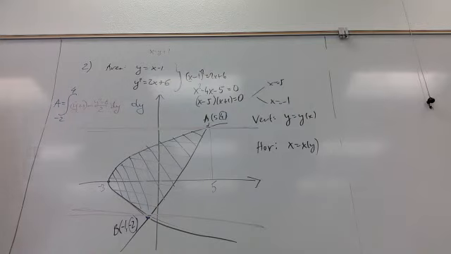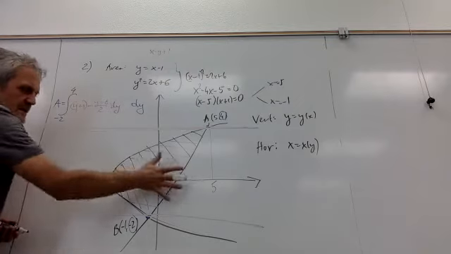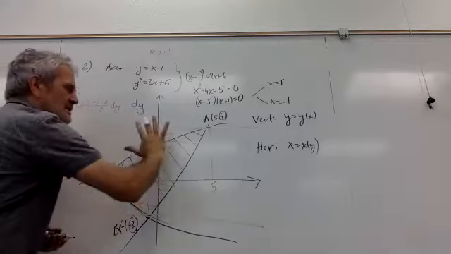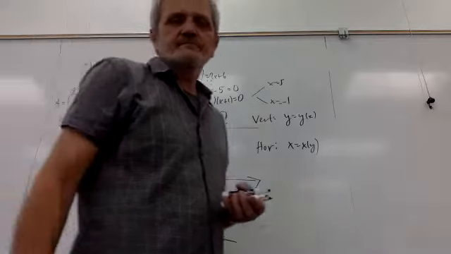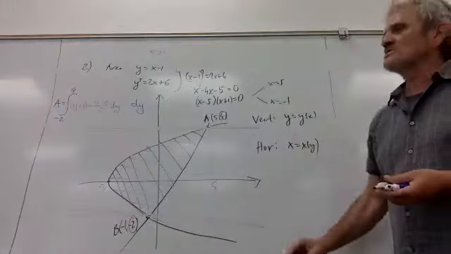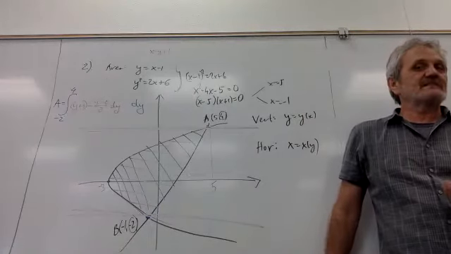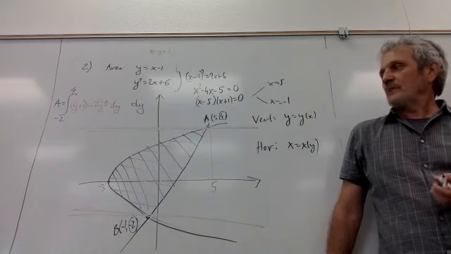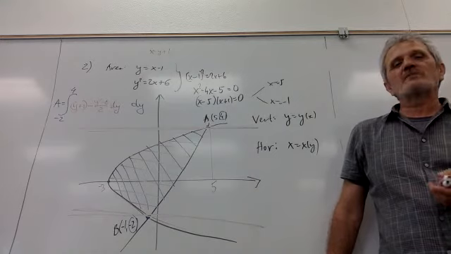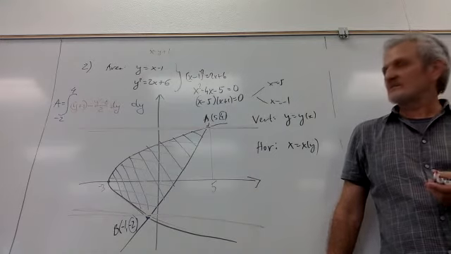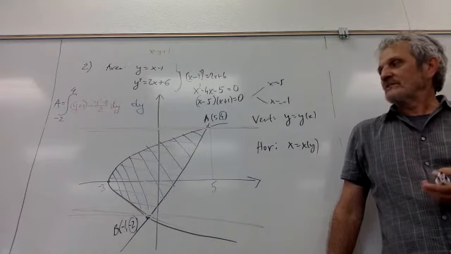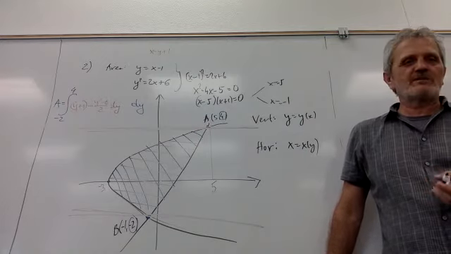So the reason why we switched to x as a function of y is because the setup is much nicer this way than this way. This is one of the most typical examples about that difference in setup. It's also a good thing because this prepares us for some types of integrals in calculus 3, where we very often do that change of perspective.